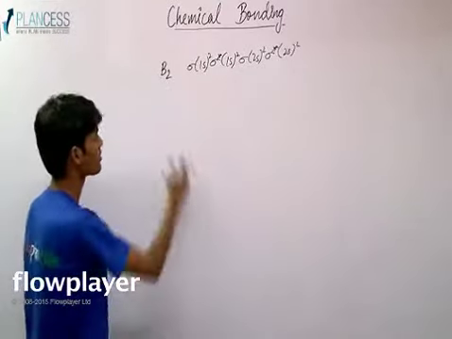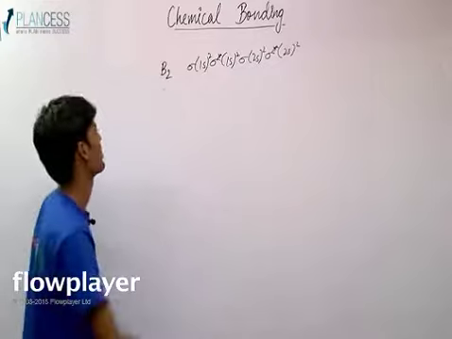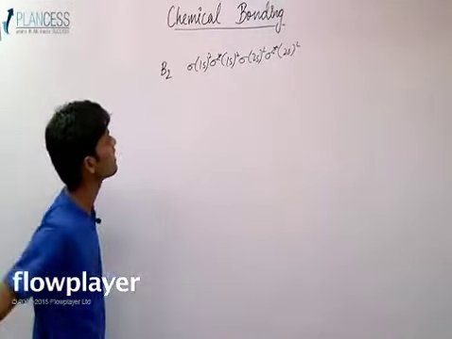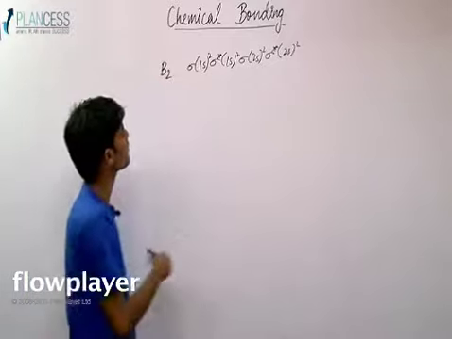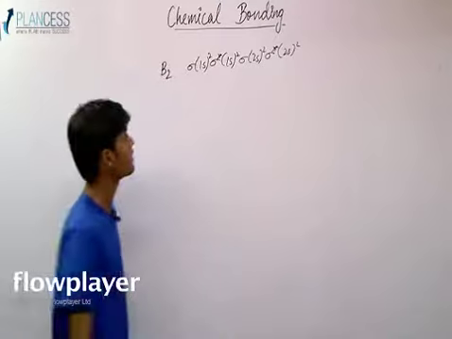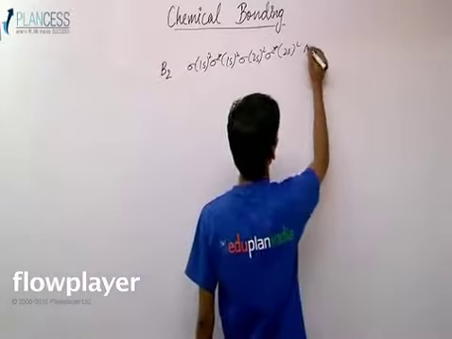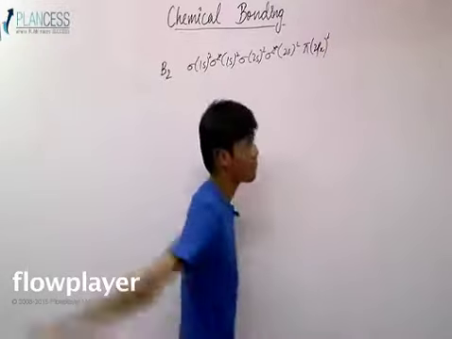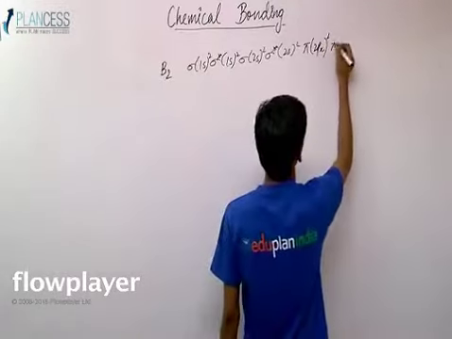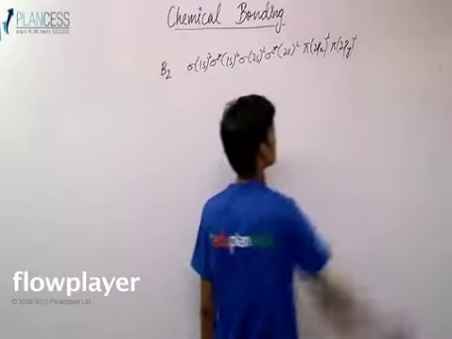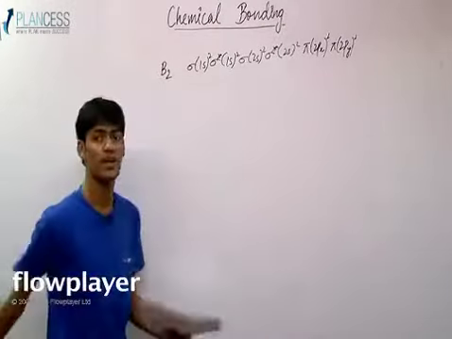Wherever I have said molecular mass, replace it with the number of electrons. So the number of electrons is 10, we have filled 8 electrons, and we want to fill 2 more. Since its number of electrons is less than 14, the electrons will go into the pi orbitals, 2px one only, because pi 2px and pi 2py are both of the same energy. So these are the two unpaired electrons.